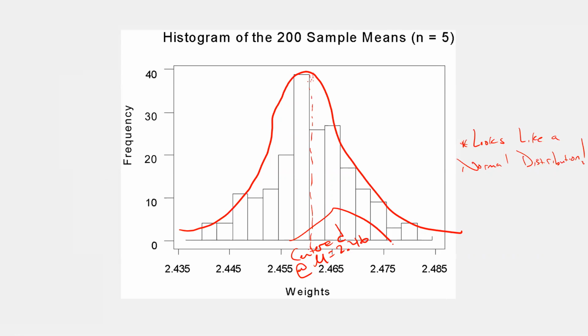It's centered at the population mean. So this right here is the distribution of the sample means, and it looks like this distribution is approximately normally distributed.